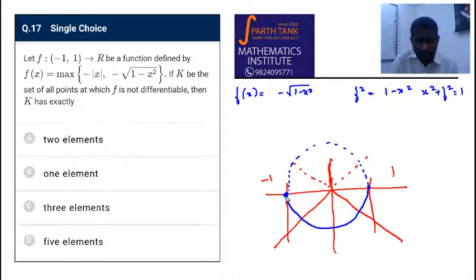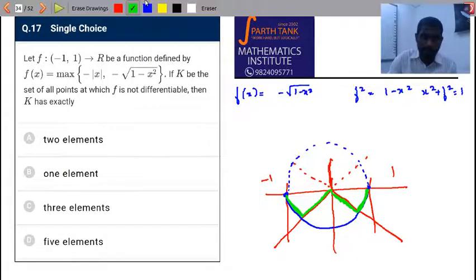It is above the red. So this will be the maximum. And in this region, the red is greater than the blue, so this is the maximum. The same here as well. This is the maximum. And from here, you can show this point is 1 by root 2, 1 by root 2. So this green is the actual curve.